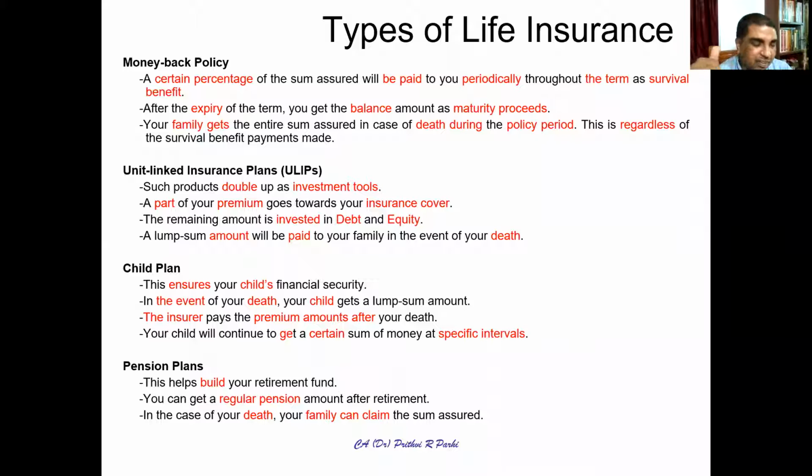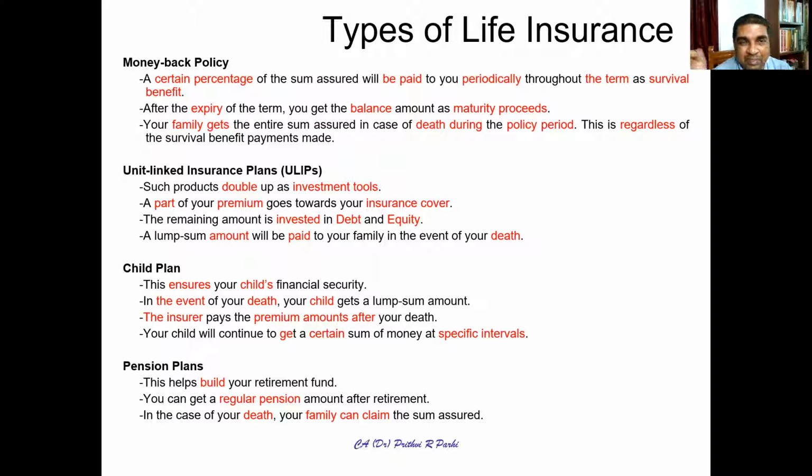Maybe once in 5 years, maybe once in 10 years, a certain sum of money will be paid. And after expiry of the term, you get the balance amount as maturity proceeds. So certain payments periodically and some payments at maturity.